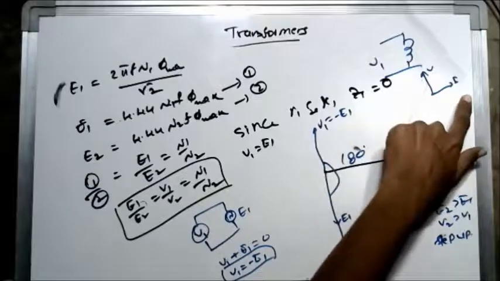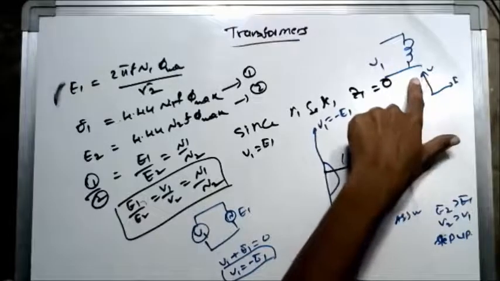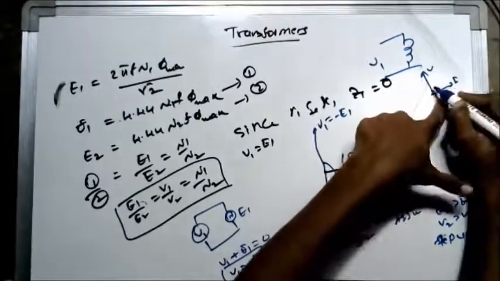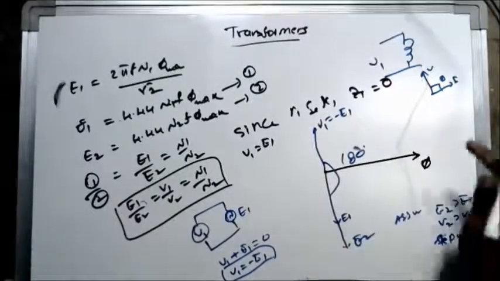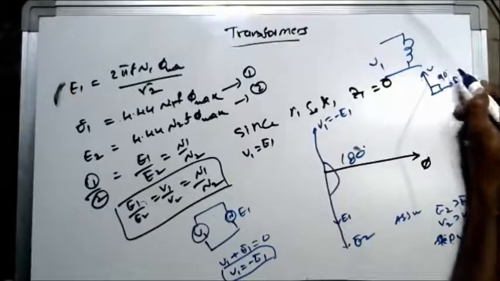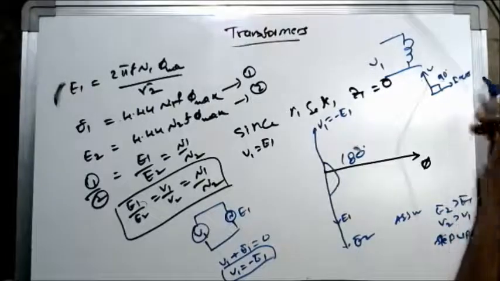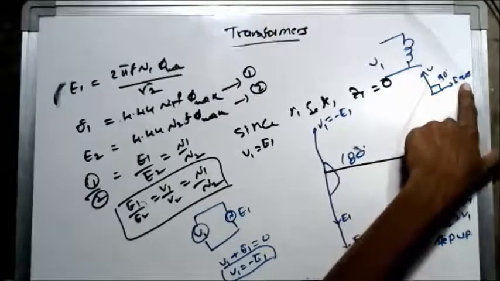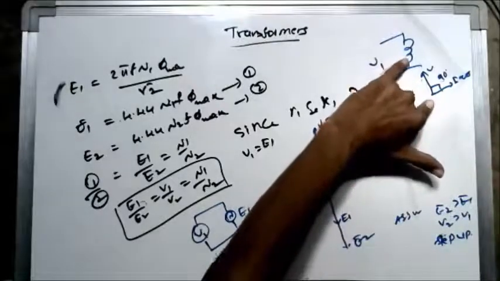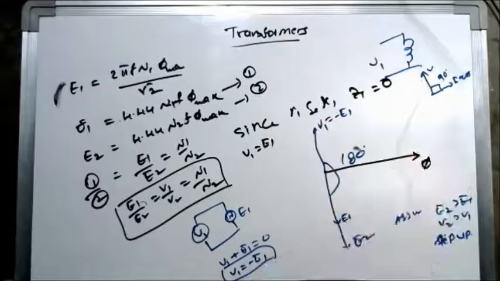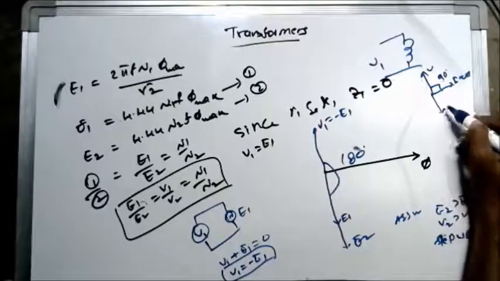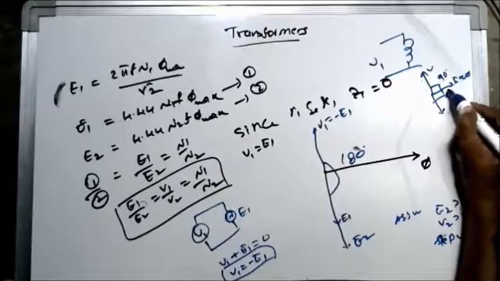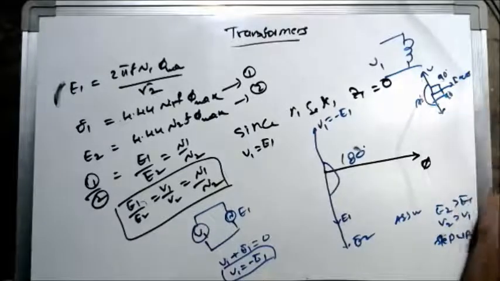Since it is at linear condition, I is directly proportional to phi. Now, the induced voltage in this winding lags the phi by 90 degrees. So this is phi, this is the induced voltage, this is 90 degrees. Totally 180 degrees will come. This is the other way of analyzing the circuit.